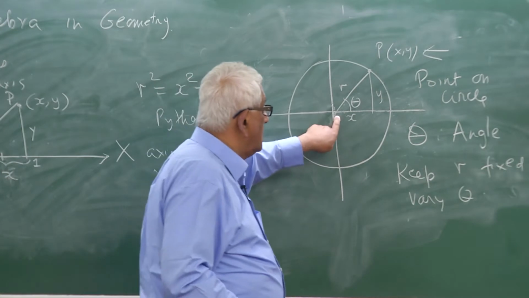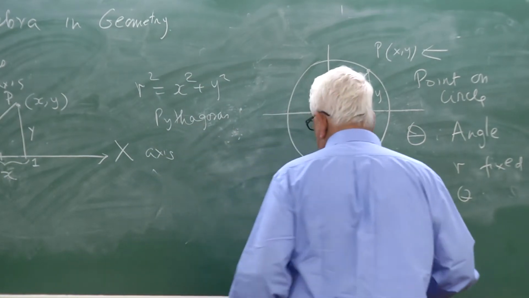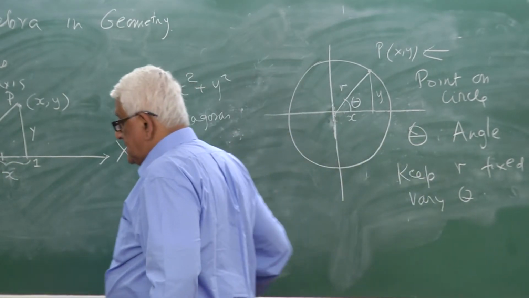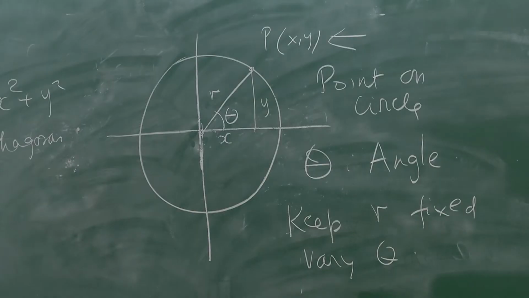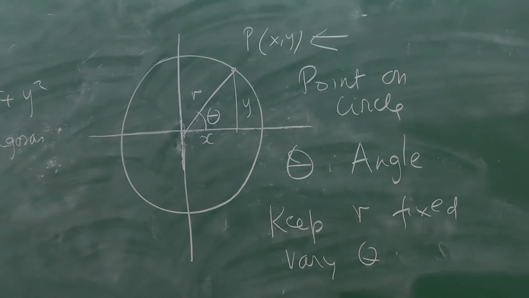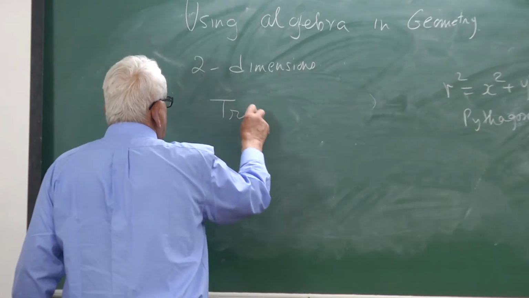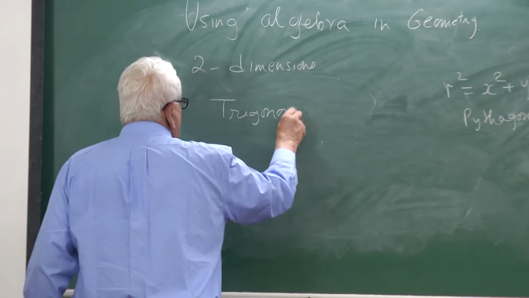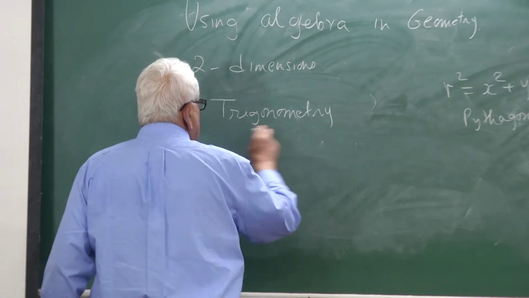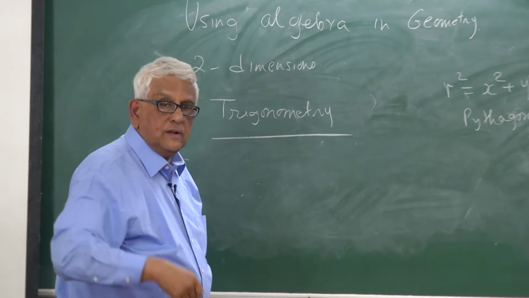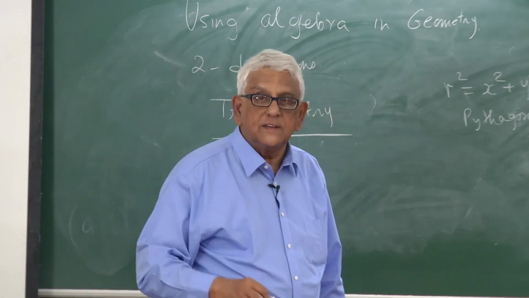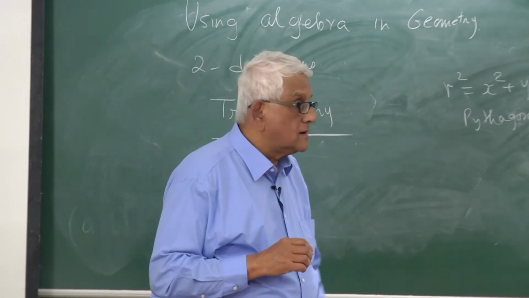So now the next step is to use the idea of trigonometry. My assumption is these things are already known. I'm just refreshing and reminding you of what they are, right?